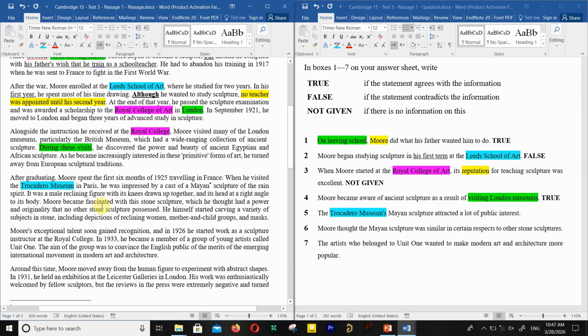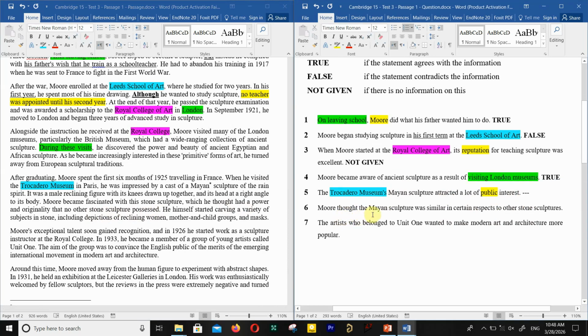Moore became fascinated with this stone sculpture, which he thought had a power and originality that no other stone sculpture possessed. So pretty clearly there is nothing in here. Maybe just leave it. There is no mention of attracting a lot of public interest. Be careful about public.